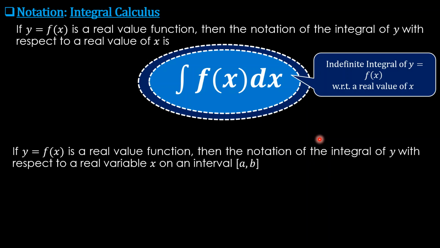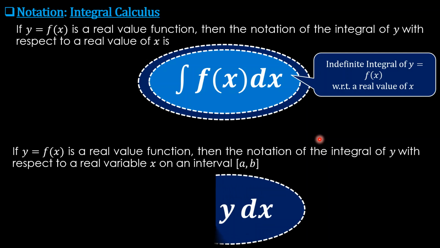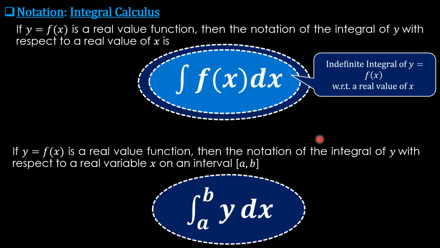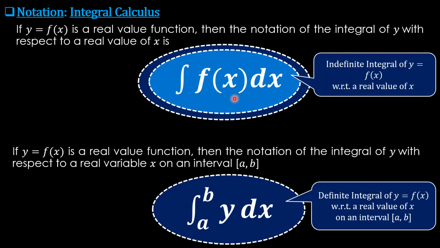If y equal to f(x) is a real value function, then the notation of the integral of y with respect to a real variable x on an interval a b is this: integral from a to b of y dx. So the previous one is an indefinite integral because there is no definite boundaries or no definite interval, but in this case there is a definite interval a b.